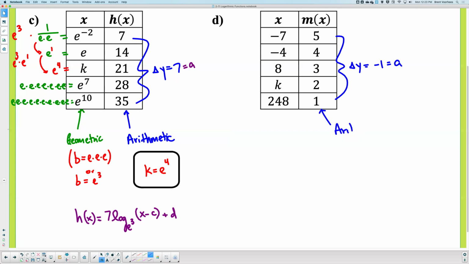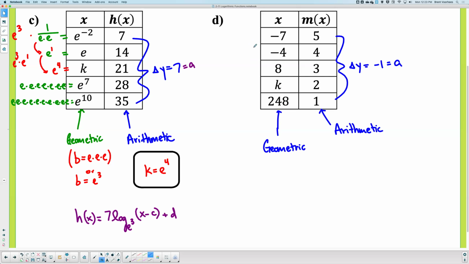Arithmetic. Put arithmetic there. Okay, let's look at the x column. Do I seem to be adding by the same amount every time? Yes or no? What do you think? No. So if it's not adding by the same amount, it's not arithmetic. What are we going to call it instead? This is geometric or proportional. You could use that word as well.